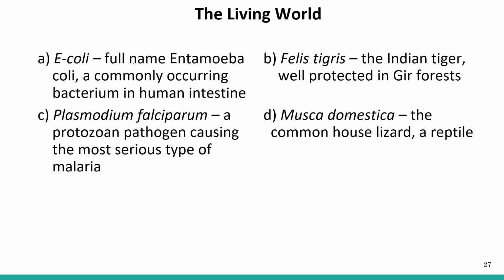So these are the options. First is E. coli. Full name they are saying is Entamoeba coli, which is not true because the full name is Escherichia coli. It's not Entamoeba. Occurring in the bacterium in the human intestine. Now second is Felis tigris, the Indian tiger, well protected in Gir forest. This is also not true.